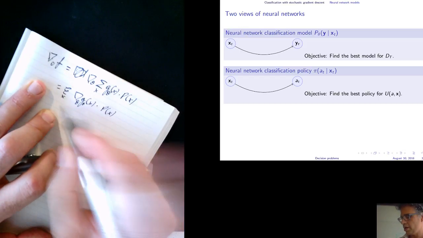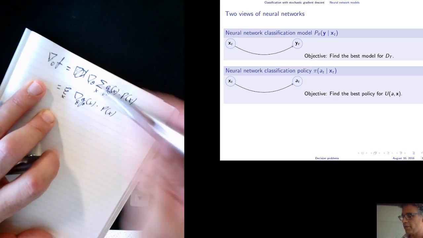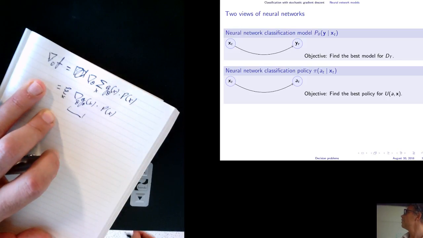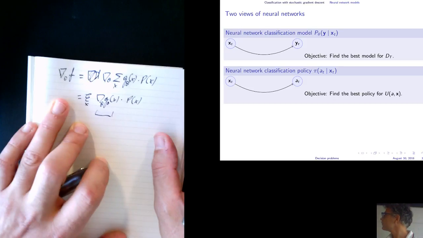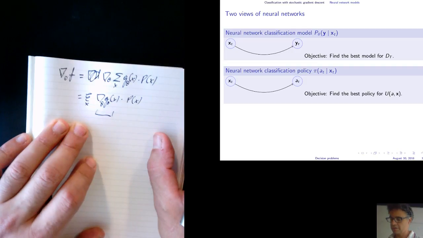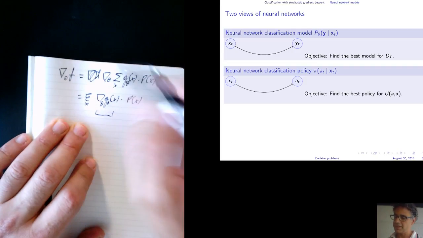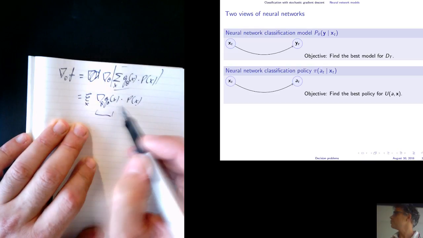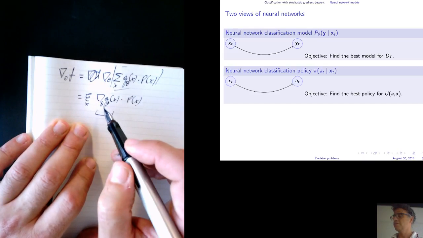So now you can replace this calculation by taking local derivatives for each one of the values of g of x. So you don't have to calculate the complete sum here and then take the gradient.